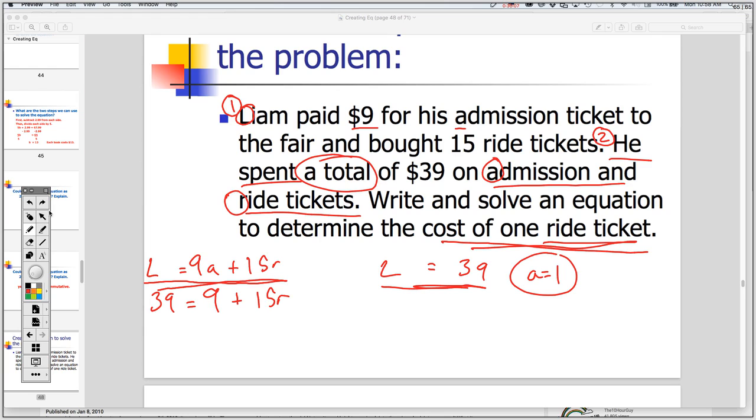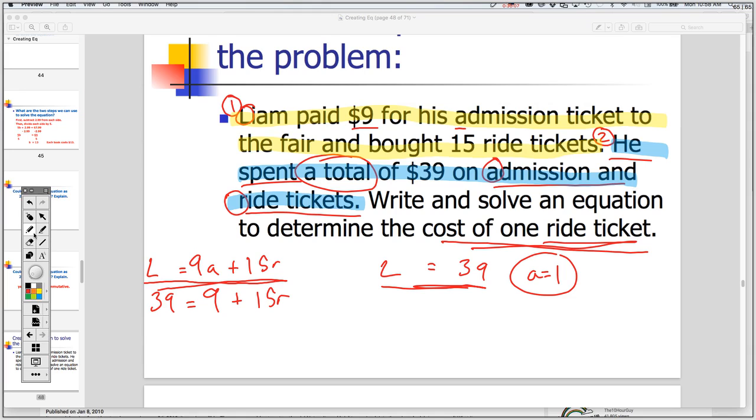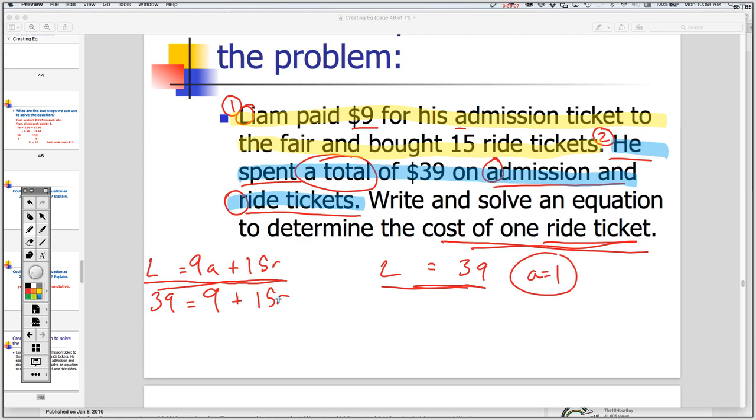What's the first thing you want to move if R is your bodyguard? R is protecting what? 15. Okay, so what do you want to move first? The 9. So subtract 9, subtract 9. 39 minus 9 is 30, equals 15R. Divide by 15. R equals 2. Good.